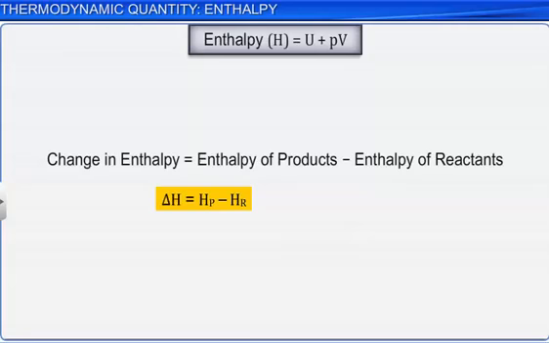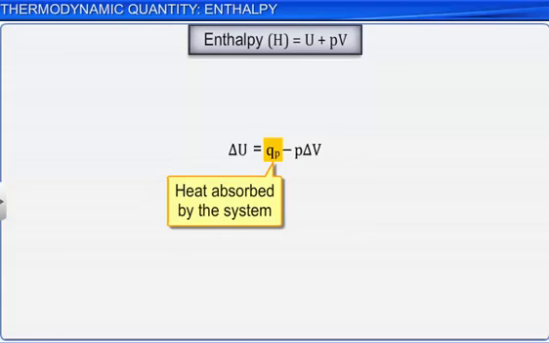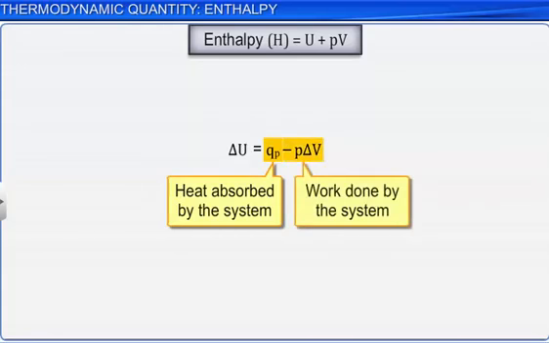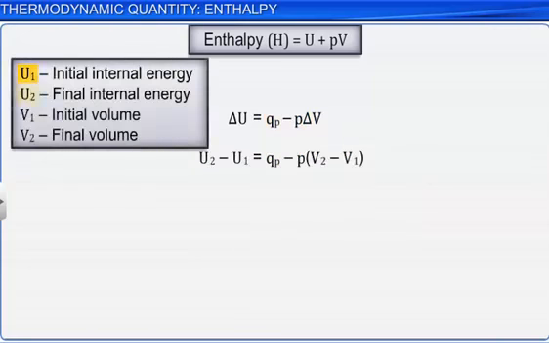The significance of ΔH also follows from the first law of thermodynamics, as ΔU = QP − PΔV. Here, QP represents the heat absorbed by the system and −PΔV represents the work done by the system. Let U1, U2, V1 and V2 represent the initial and final internal energies and volumes respectively.